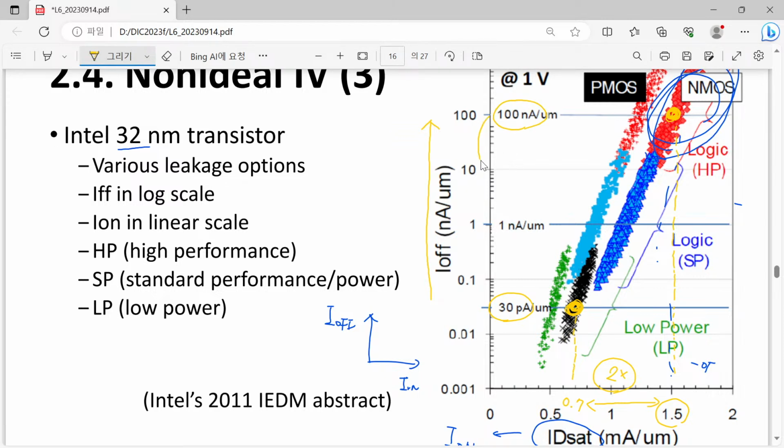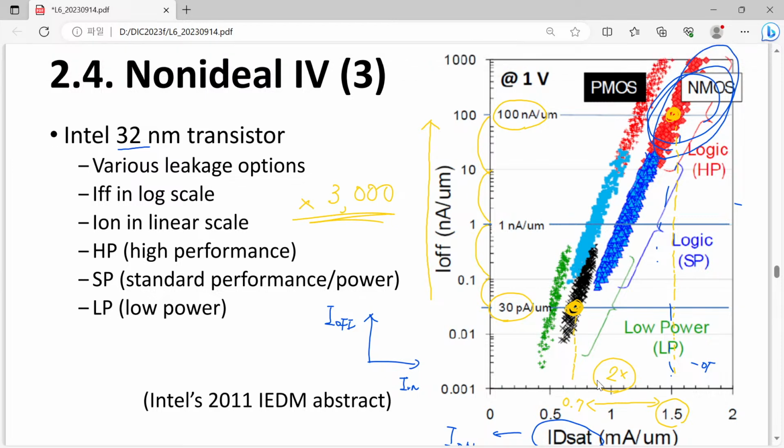So this is 10 times, 100 times, 1000 times, and 3 times more. So you have sacrificed 3000 times of leakage current to get twice higher drain current. Do you think that this is reasonable? Yes, that is really reasonable.